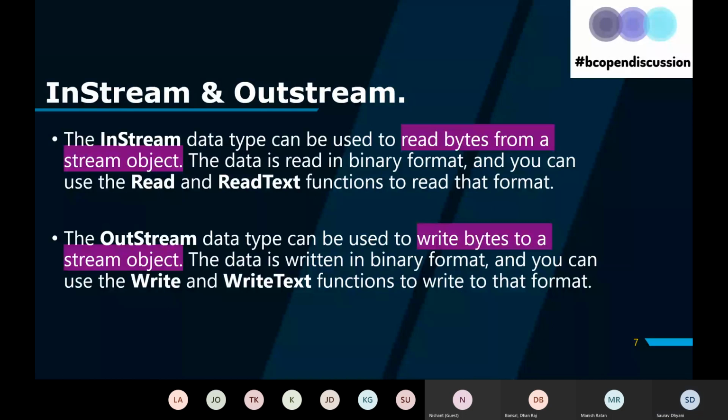But if you look at the word, InStream means that you want to read the data in that stream object, and you get functions like read and read text with the InStream data type, and we'll see that today. And then the OutStream is used to write to the stream object. So output to the stream and input from the stream.